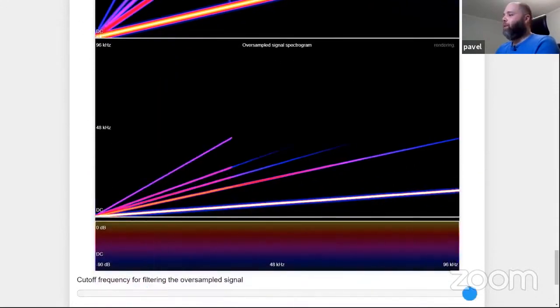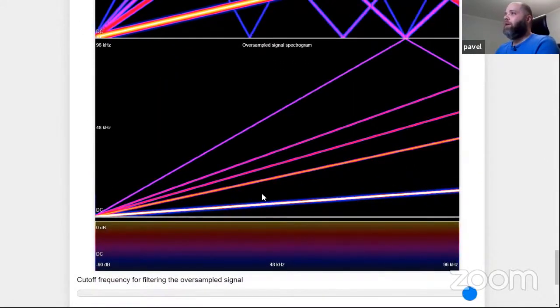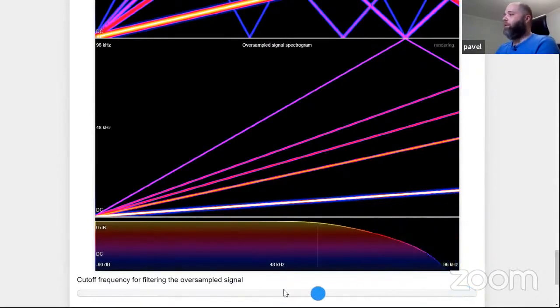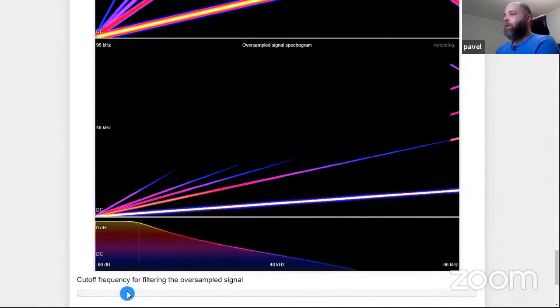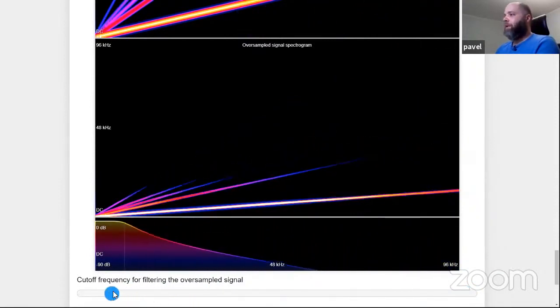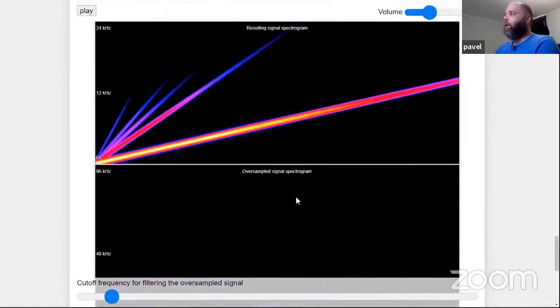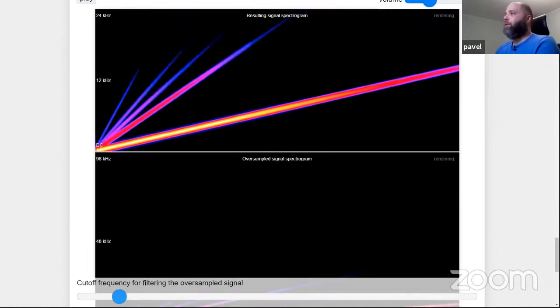So we can see that for 48 kilohertz, all the unwanted aliasing happens at really high frequencies, and we can filter it out like this. All the unwanted aliasing happens in the frequency space that we filter out, and we get a signal back that is somewhat cleared of aliasing effects.